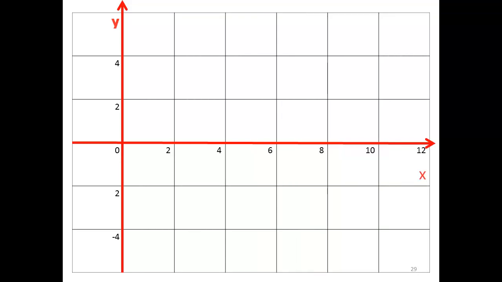So let's plot the table of values of equation 1. The first point is 7, minus 1, second is 11, 2, and then draw a straight line from these 2 points. So this is the graph of the first equation.